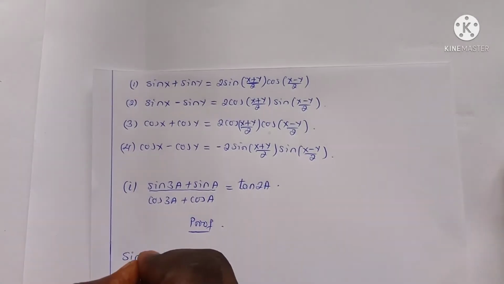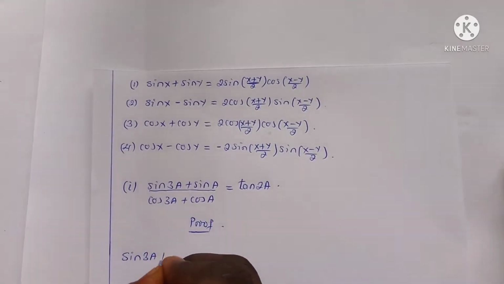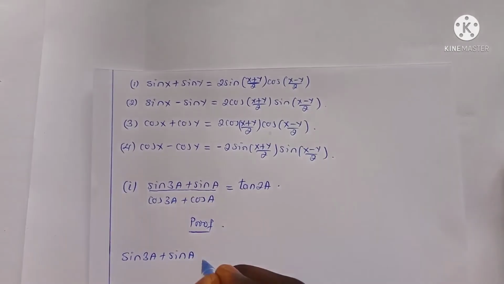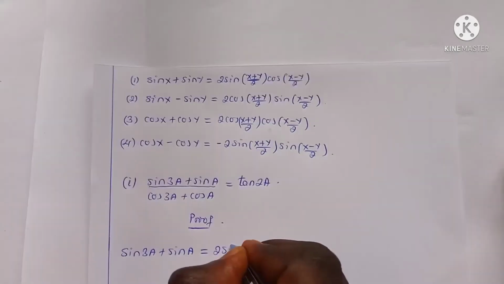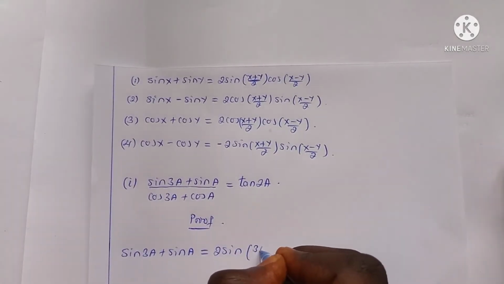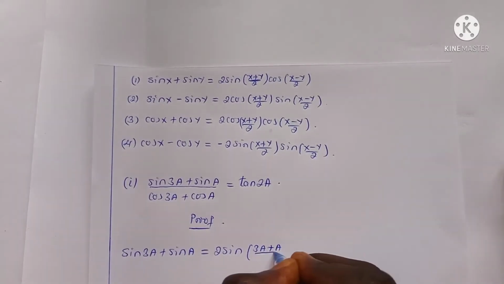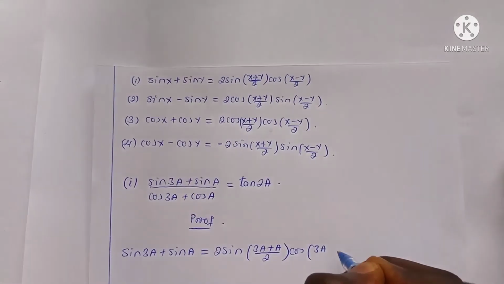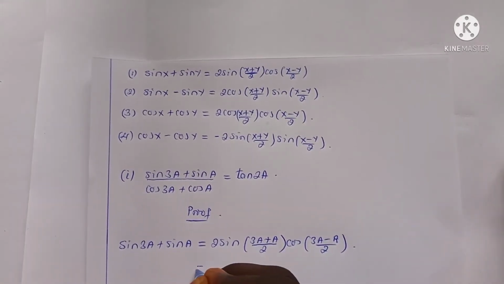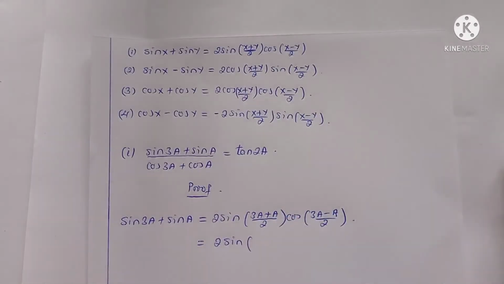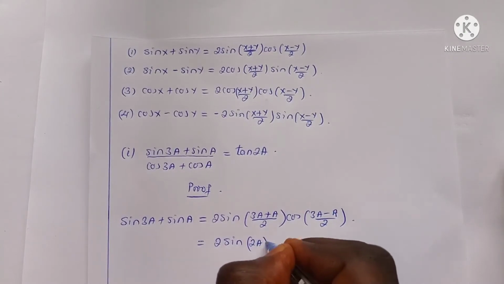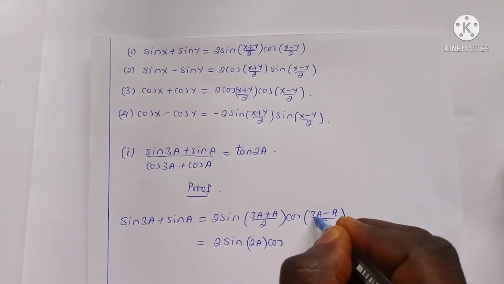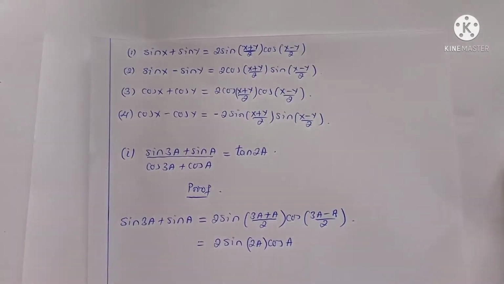Therefore, the sine of 3a plus sine a is equal to 2 sine 3a plus a divided by 2 times the cosine of 3a minus a divided by 2. And if you simplify this, we obtain 2 times the sine of, 3a plus a is 4a divided by 2 is 2a, times the cosine of a.